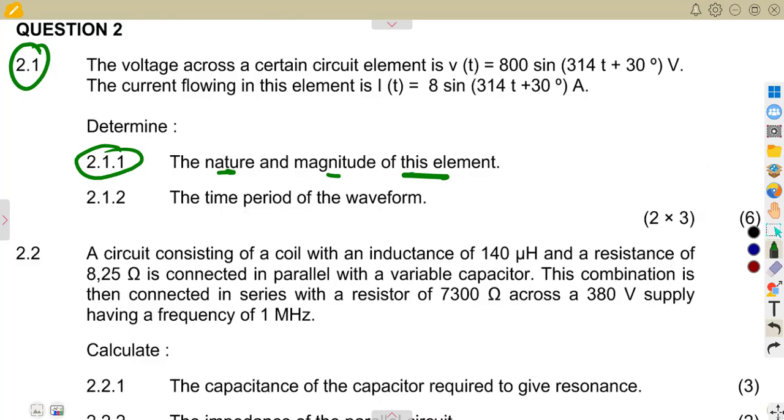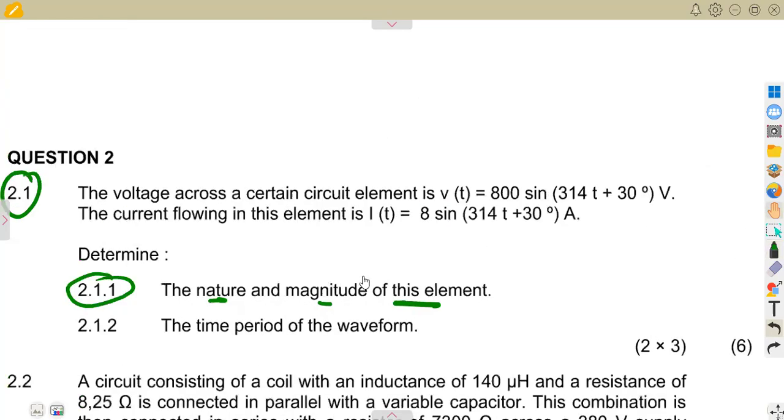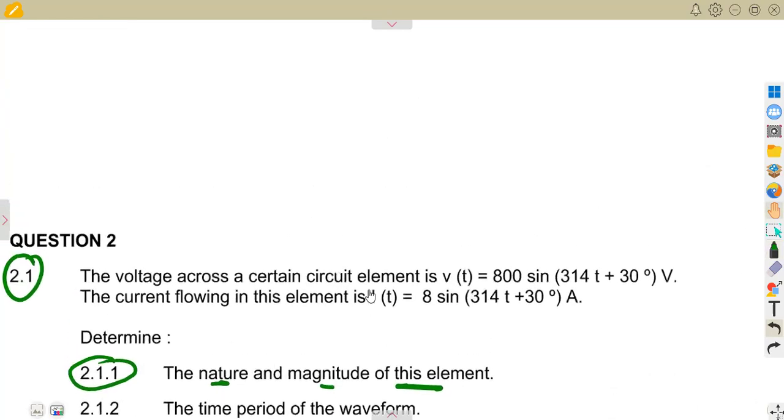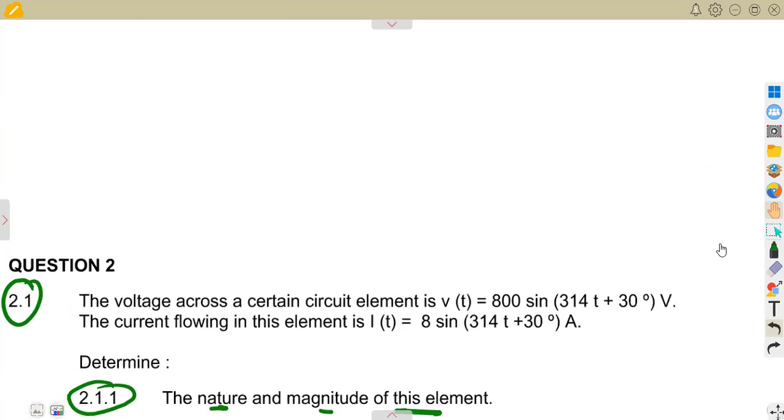Whenever you are given this type of question where you need to determine the nature of the element, before we talk about the magnitude, the nature of the element comes from the impedance. Remember, what the impedance does, it gives us the type of circuit, that is the element, that you're given.